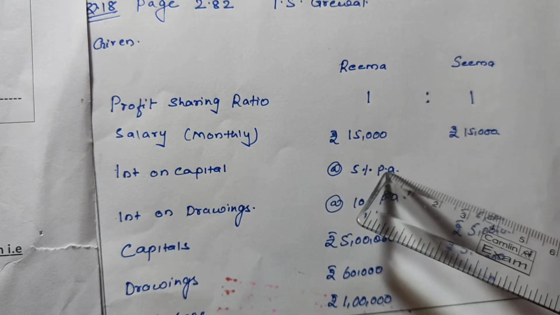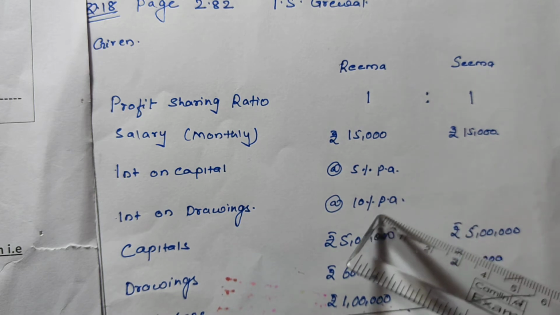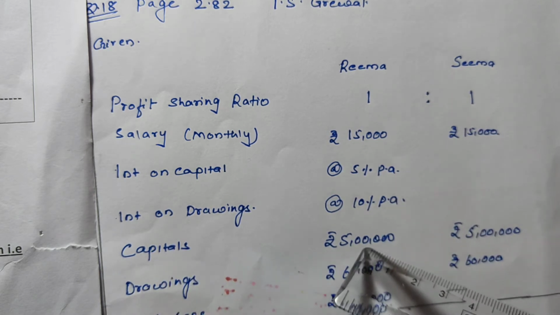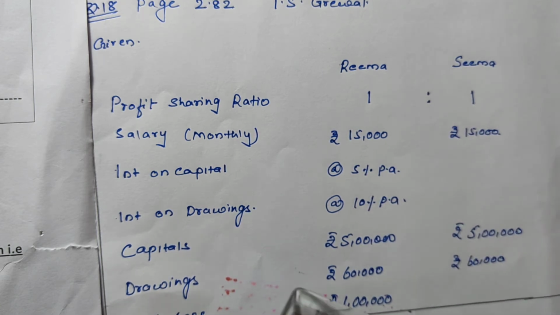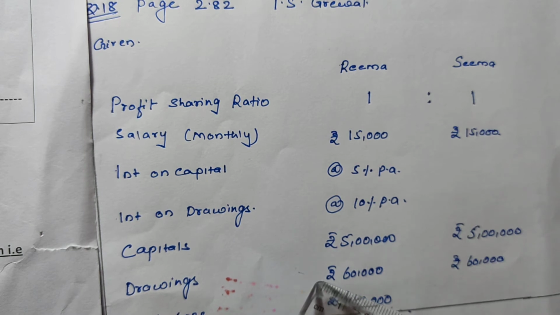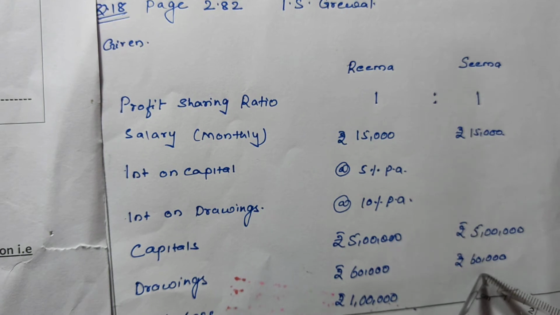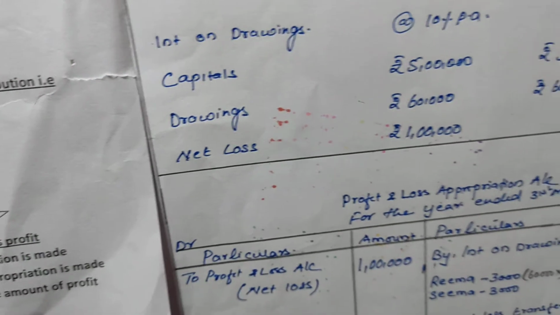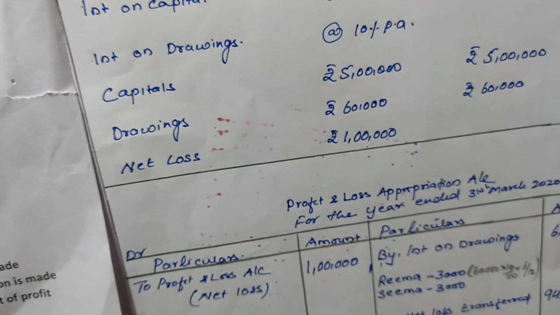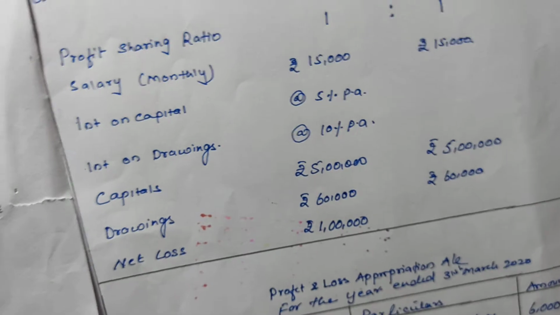Interest on capital 5% per annum. Interest on drawings is 10% per annum. Capital of Rima is 5 lakh as well as Seema is also 5 lakh. Then drawings is rupees 60,000, and here also it is 60,000. Then net loss is given, rupees 1 lakh.